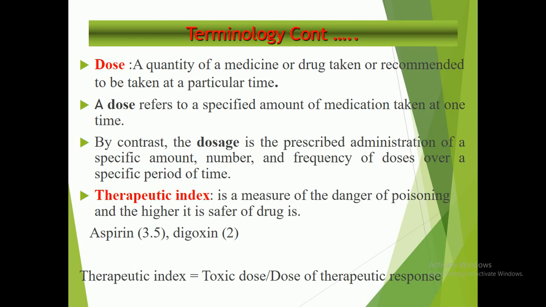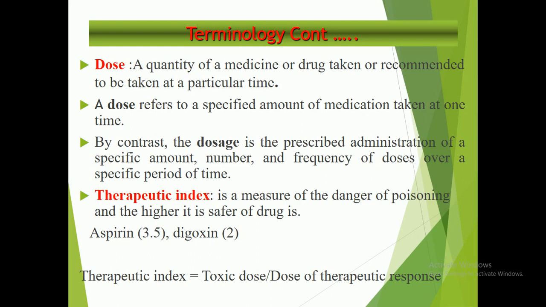What is dose? In pharmacology, dose can be defined as a quantity of a medicine or drug taken or recommended to be taken at a particular time. Let's suppose cephalosporin is available at a dose of 100 milligram or 250 milligram BD or TDS.